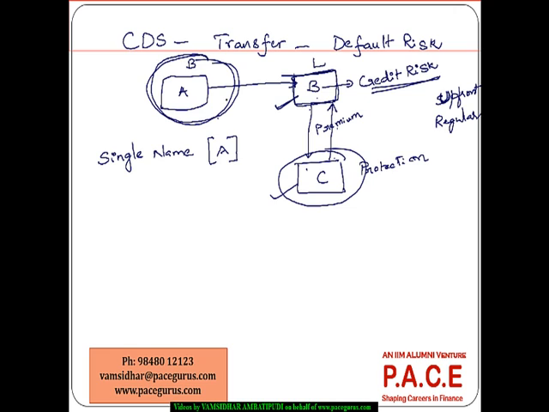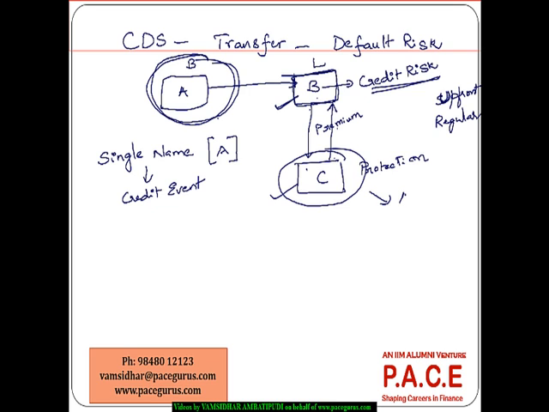So if this particular reference entity defaults, then C has to pay the protection amount to B. The reference entity here, which is A, either defaults or has some other credit event as well. Default is one major credit event. So if this particular party A undergoes a credit event, then the protection seller must compensate the protection buyer for the associated loss.